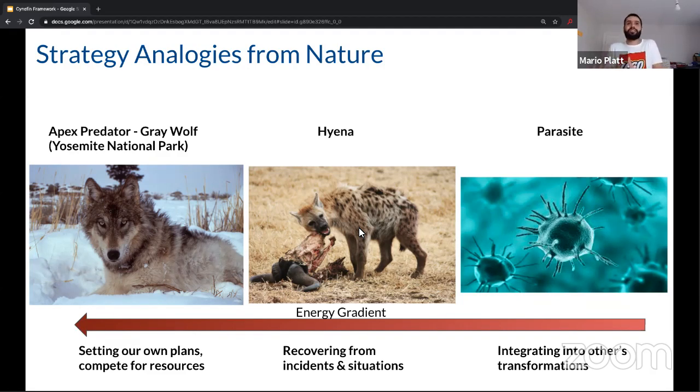Following a parasite type strategy, can I only do this with a hyena, or do I really need to be pushing like an apex predator to make this happen? So it's a way of thinking about what approaches I have available to make the changes that I want to see in the environment have a better chance of success or require less energy to make happen.